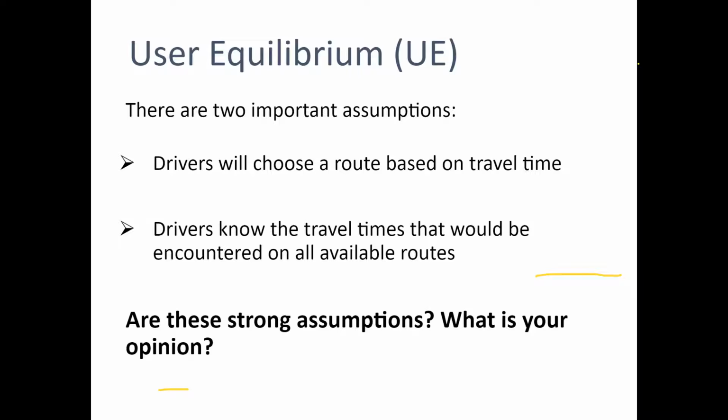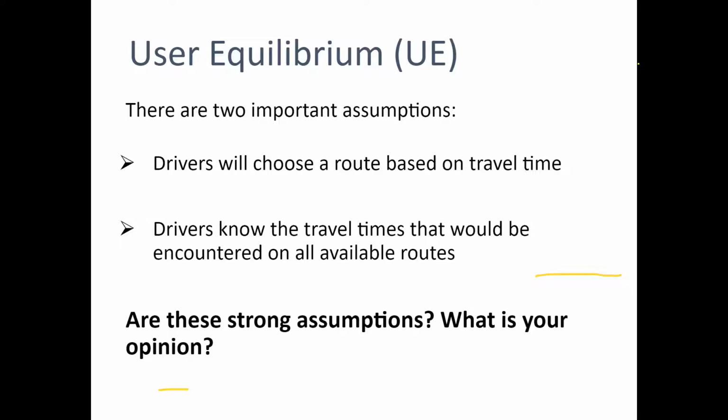So basically, the response is that they are reasonable assumptions, especially given the penetration we now have of all these maps and online tools. You can always look up where the travel time is minimum, and people do that with apps like Waze. Very accurate crowdsourced information can be provided about where the congestions are, and travel times can be predicted.